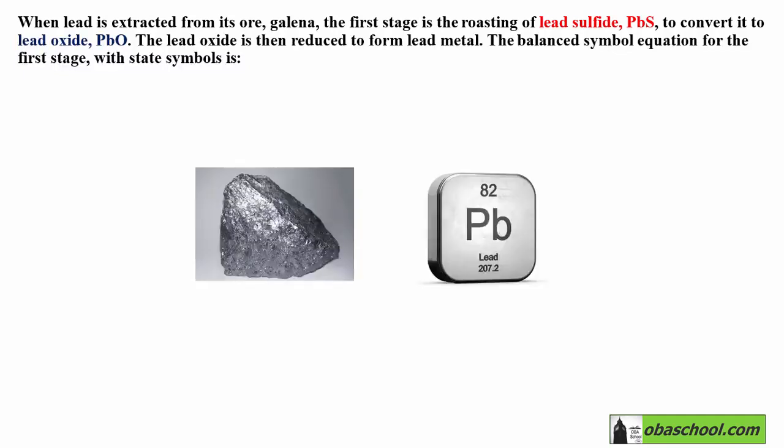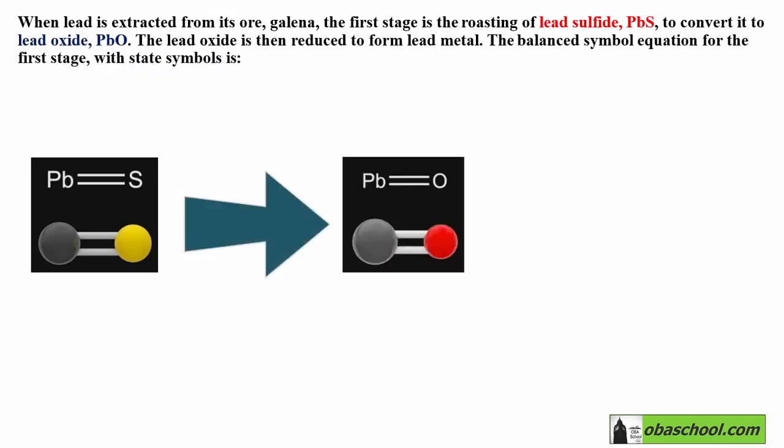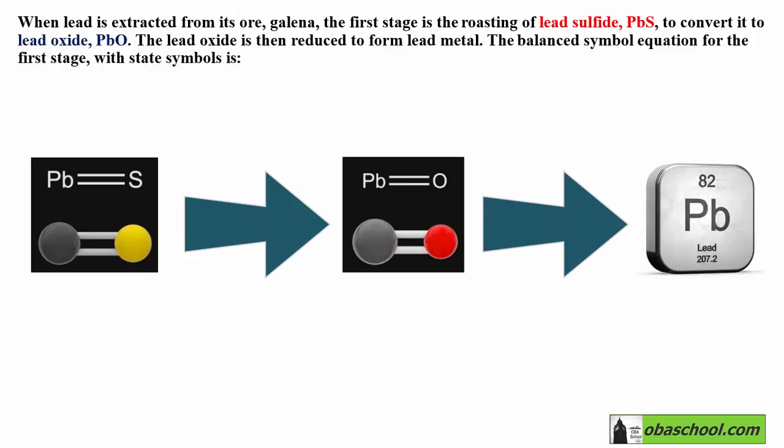When lead is extracted from its ore, which is called galena, the first stage is the roasting of lead sulfide, PbS, to convert it to lead oxide, PbO. The lead oxide is then reduced to form lead metal in the next stages.